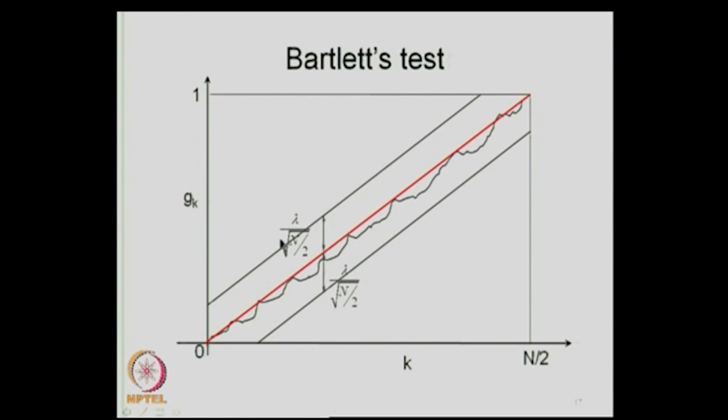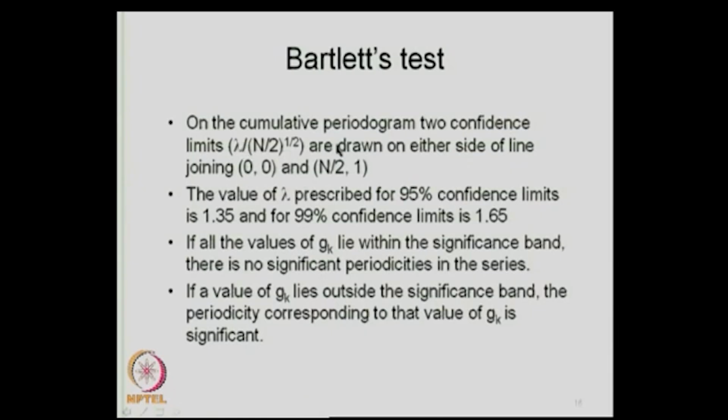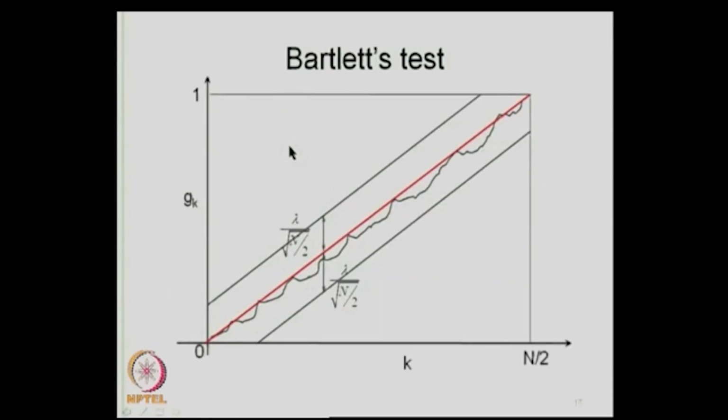On either side of this red line, you draw the confidence bands. The confidence band is lambda divided by root of n by 2, on either side of the line so drawn. So, like this you get a band. If any part of the cumulative periodogram that you have drawn goes above or below, beyond the bound, then the series does not pass the test.